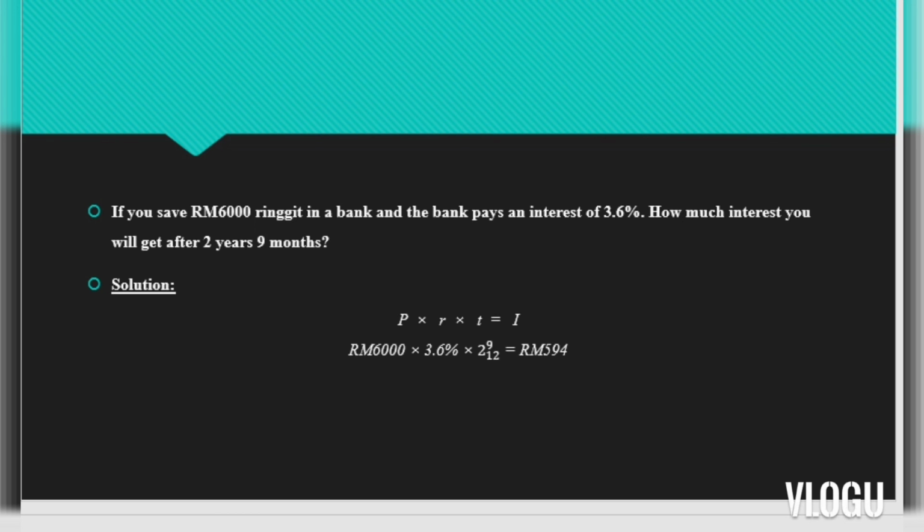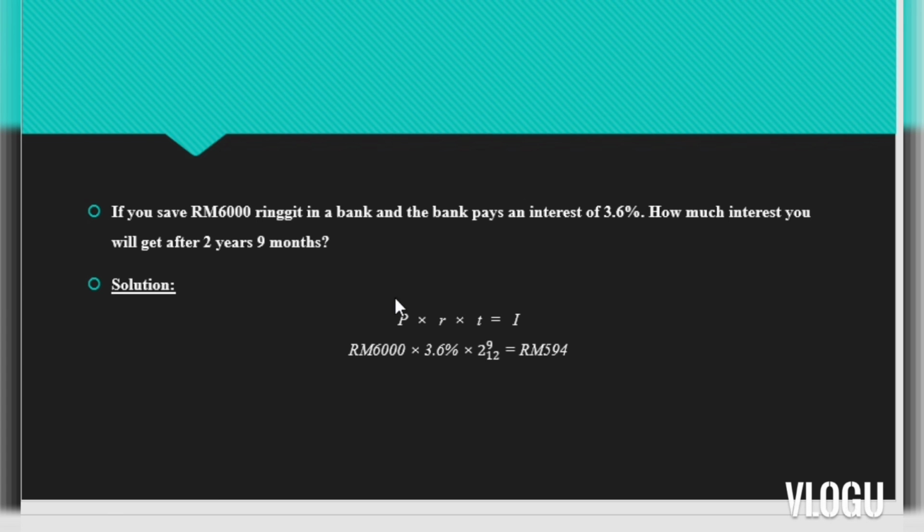So for this question, if you save 6000 ringgit in a bank and the bank pays an interest of 3.6%, how much interest will you get after 2 years 9 months? So in this question, we want you to find the interest after 2 years 9 months.